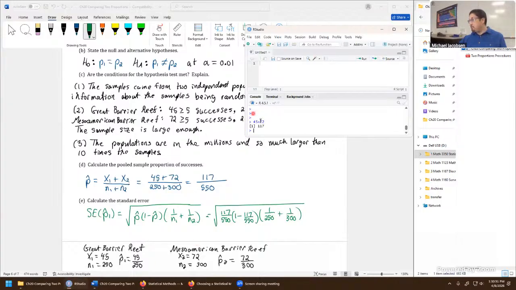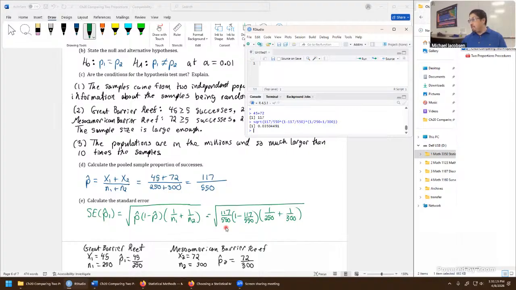Then to compute it, I'll just use this as the calculator. Go SQRT or practice in your scientific calculator as well that you intend to bring to the exam. It's 117 over 550 times 1 minus the same value times 1 over 250 plus 1 over 300.